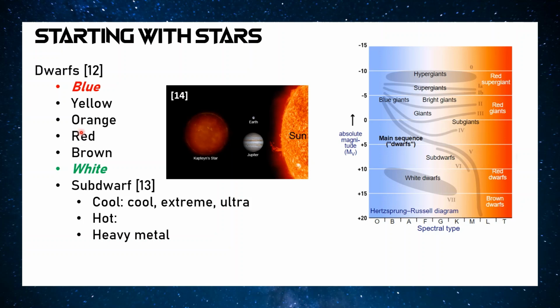There are orange dwarfs; those are K-type main sequence stars. Again, referencing this, you can see the color. Makes sense that these would be orange, yellow is this band here, again on this main sequence. Reds are going to be low mass main sequence stars around here, and then brown is substellar.